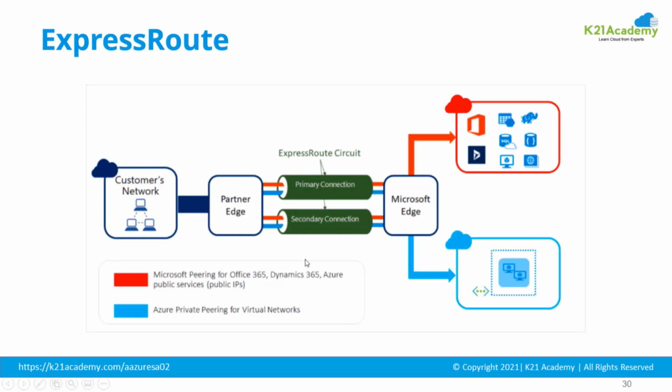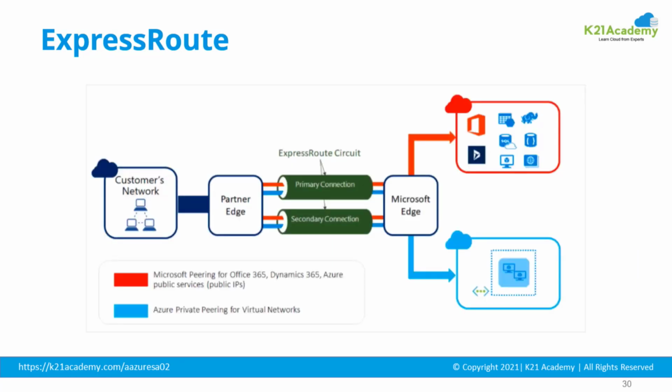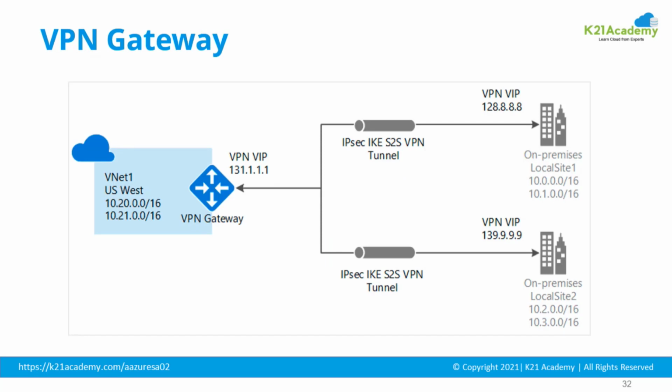So it's a dedicated pipe. One thing to note here is that it is very fast, and you always get dedicated connectivity. Whatever gigabits per second of traffic you need between your customer network and the Microsoft Azure network. Now, ExpressRoute is slightly more expensive than VPN Gateway.